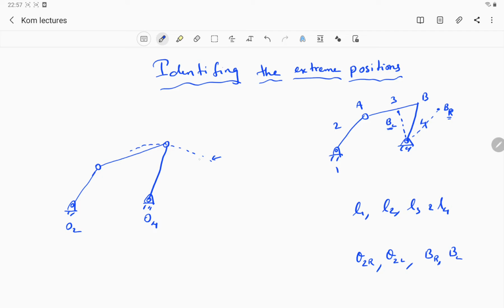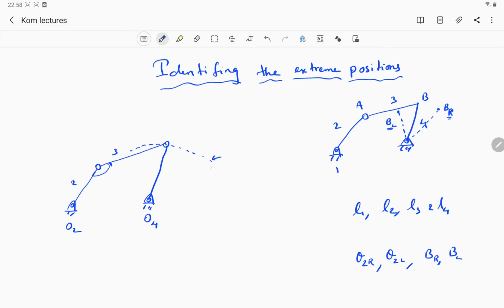When do I achieve my BR? I will achieve BR when link 2 and link 3 are collinear, which means this angle is 180 degrees, and that extreme position will be BR.